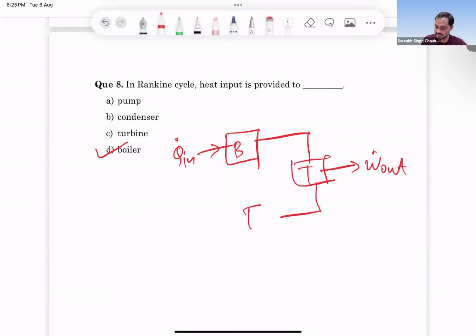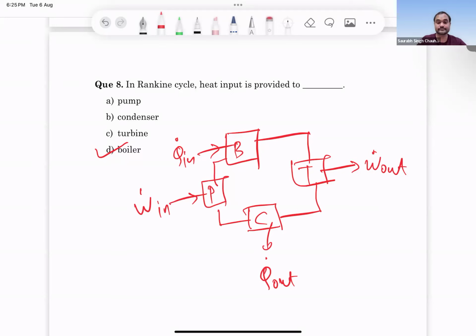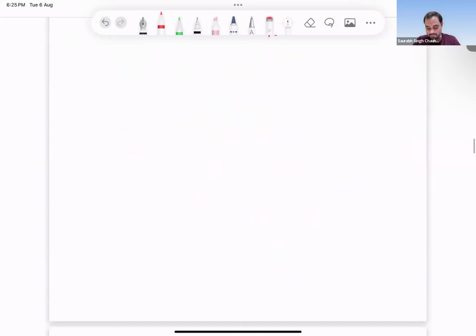Okay, and heat is rejected in the condenser, and there is a pump in between. So the pump is a work consuming device. Work in is the pump. Okay. So the boiler is the device where heat is added. So we can move to the next question.